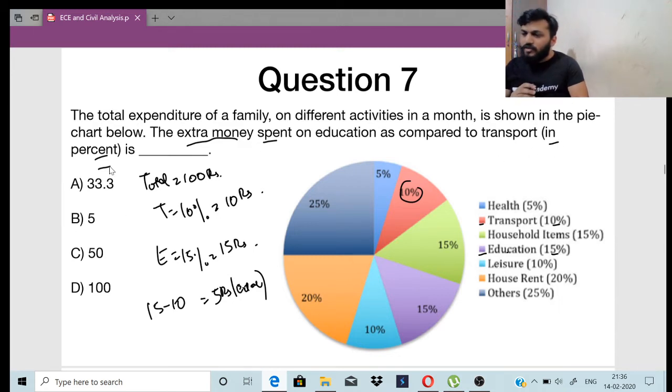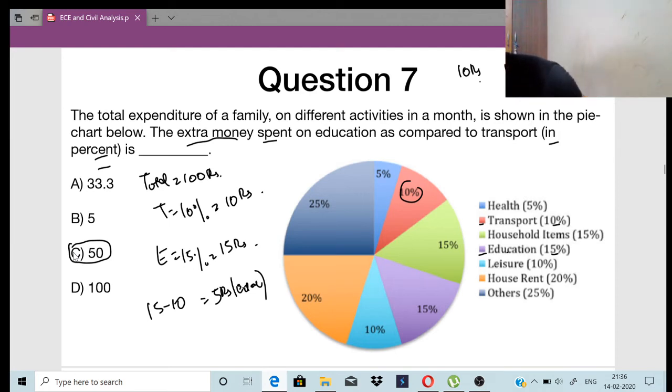I have spent 10 rupees on transport, 15 rupees on education, 5 rupees extra. तो ये 100% है. ये कितना हुआ? 50% ज्यादा, right? 50% more. So it is option C.